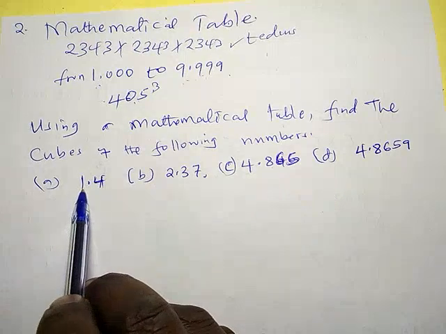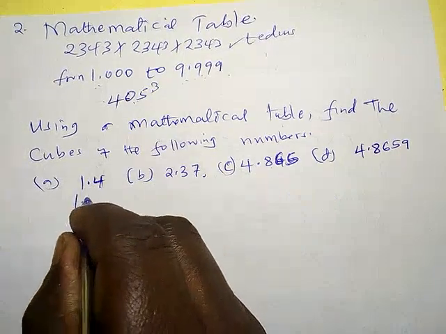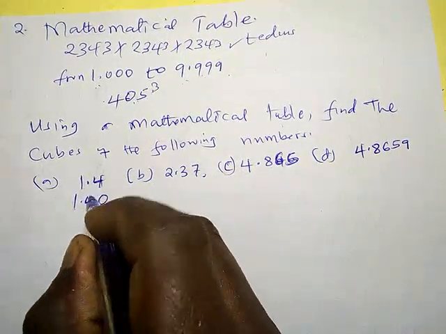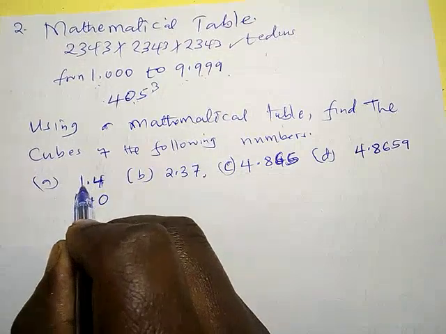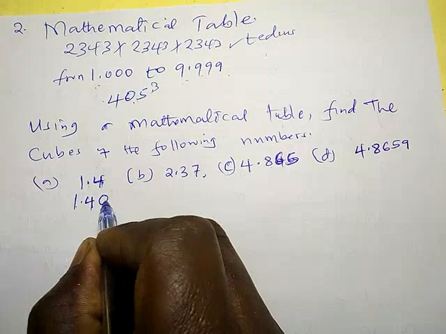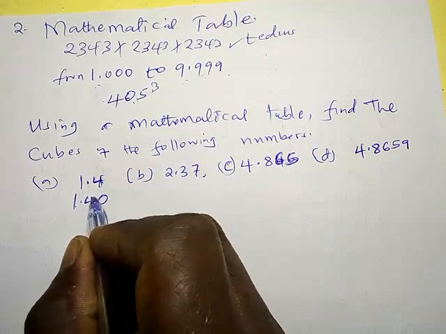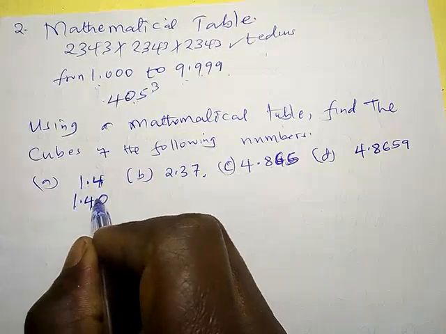Whenever you see 1.4, this number is the same as 1.40. So don't struggle looking for 1.4. 1.4 is the same as 1.40, because this 0 does not have any meaning here, but it is important for you to know that.